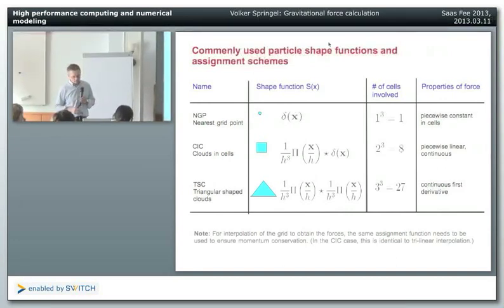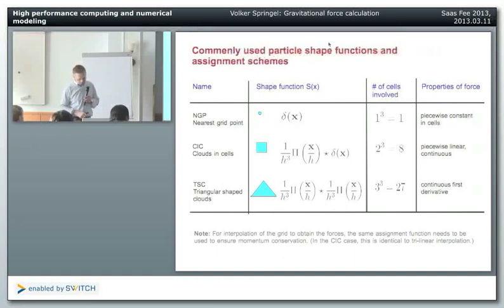So this is essentially what this does, and that's why it's called nearest grid point assignment. You will put all the mass down to the cell in which this little point, this infinitesimal Dirac delta function, really lies. That's why this is called nearest grid point assignment. And that also means that the support of a particle here is exactly one cell.